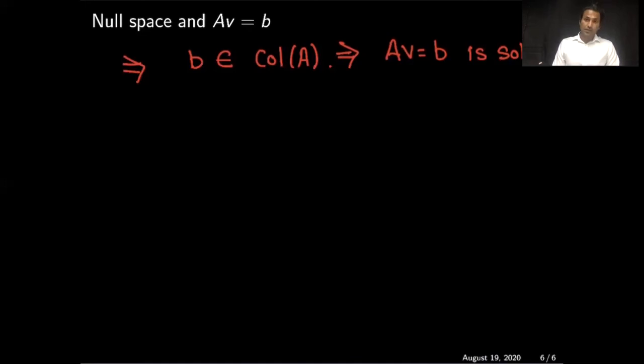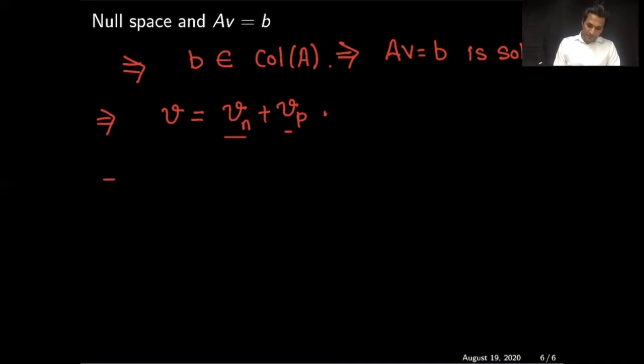So let's suppose first b is in the column space of A. Then I write the solution v as a solution in the null space, vn, plus a particular solution, vp. So I'm going to find all the solutions which are in the null space, and one solution which is not in the null space of the matrix.